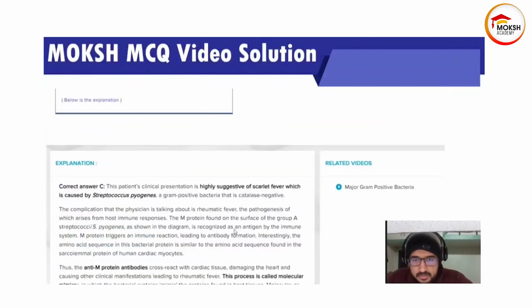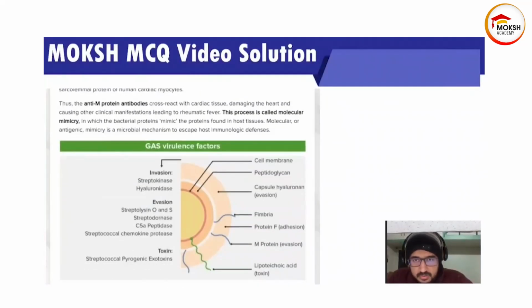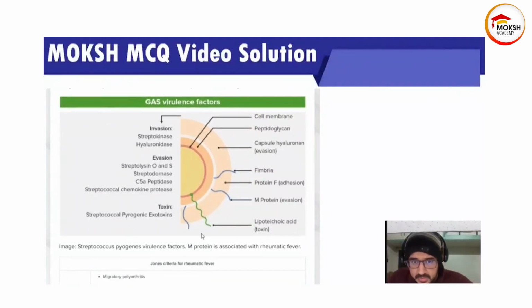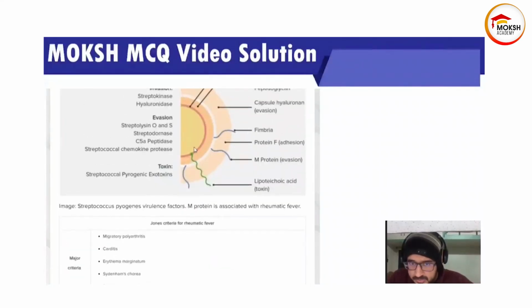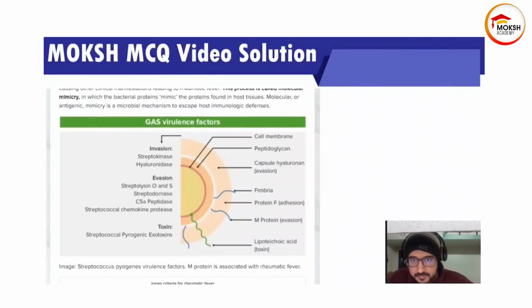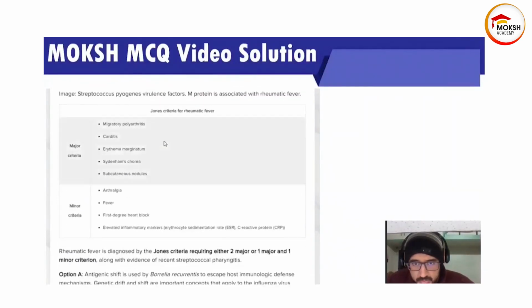So like I mentioned, this is your M protein in the capsule. Antibodies will be formed against it. They will be cross-reacting with your cardiac muscle and the nervous tissue, and that is how you eventually get rheumatic fever.